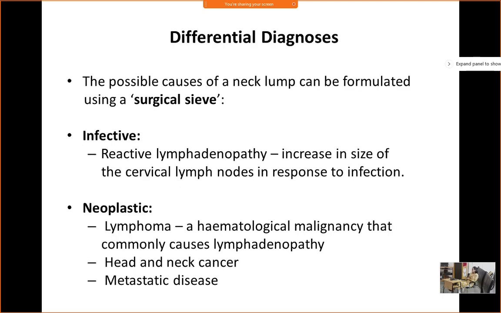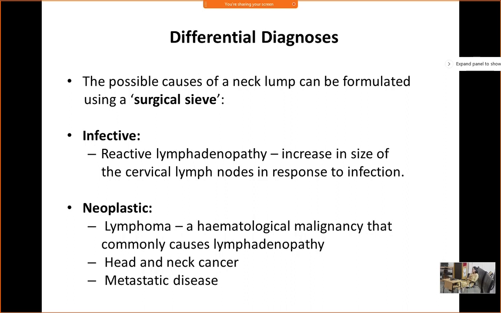So now these are the differential diagnoses. The possible causes of a neck lump can be formulated using a surgical sieve. So you really have to narrow down, or shortlist, because there are numerous diagnoses, and most of them are secondary.